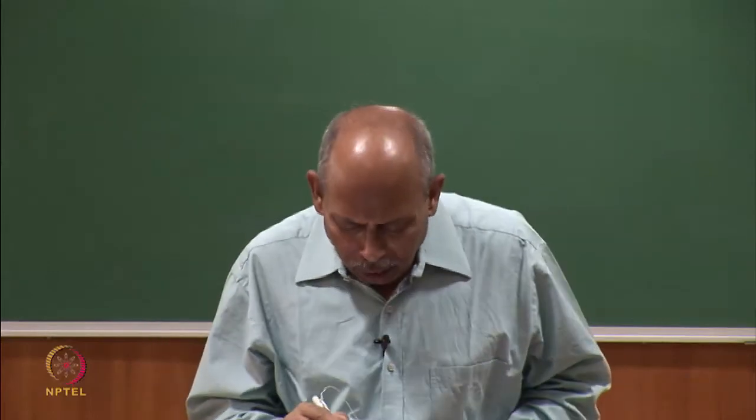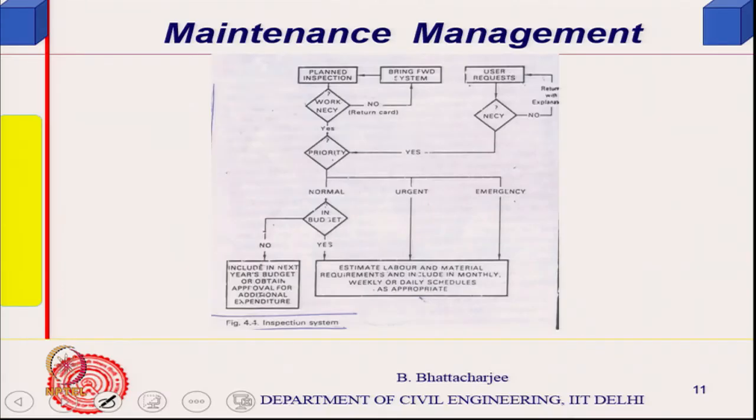So, what I do, I first have a planned inspection, then I find out for each of these items, where I expect that there will be some problem, whether work is necessary or not. So, there is the decision box, work necessary.